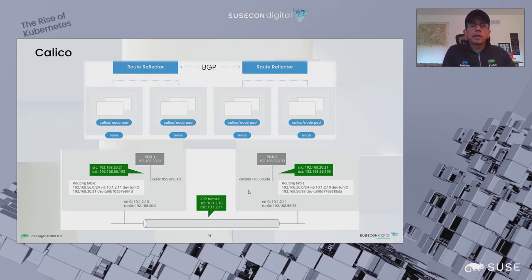This diagram shows how Calico works and how it provides the IP to IP traffic and then publishes its routes using IP tables, but it publishes them to the route reflectors on the open network.